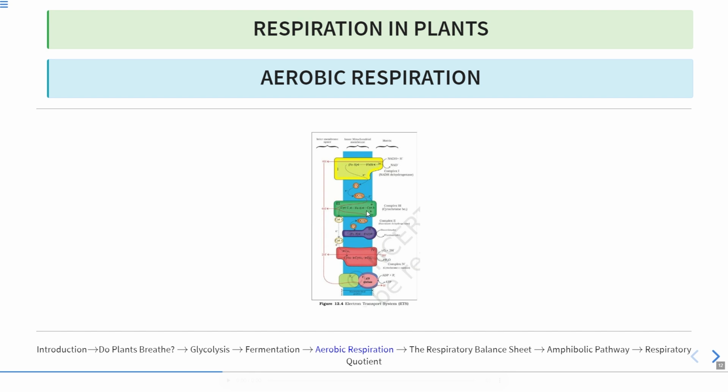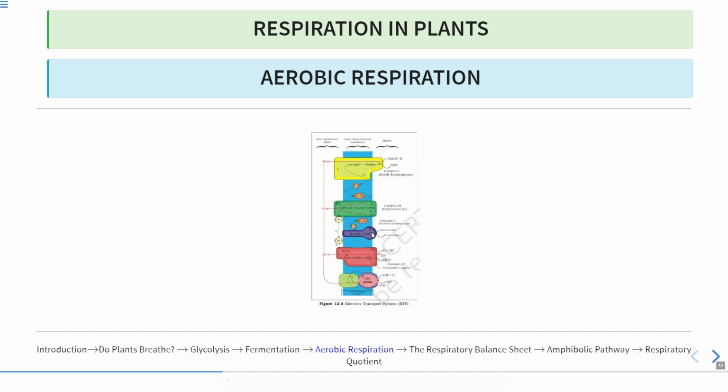Now, there is complex 2. Complex 2 is known as succinate dehydrogenase. I've already told you about succinate dehydrogenase, where the succinate which has been synthesized in the tricarboxylic acid cycle is converted to fumarate in the presence of succinate dehydrogenase.